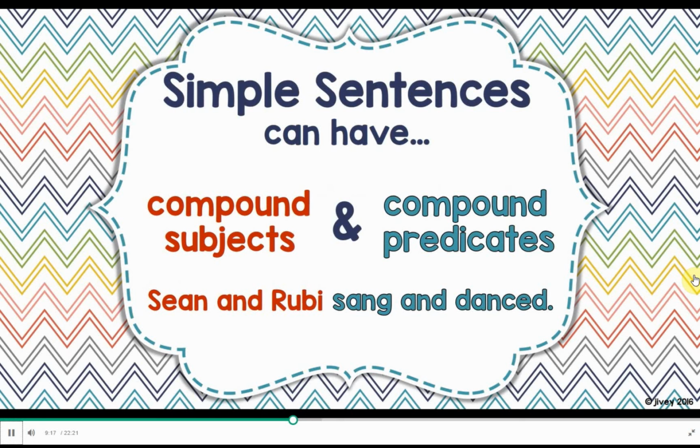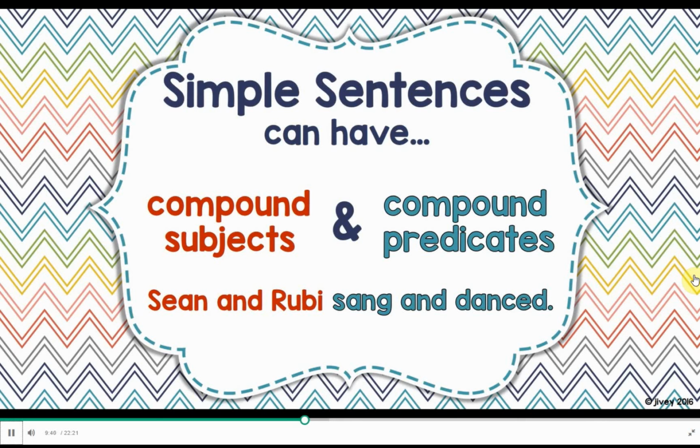Simple sentences can even have compound subjects and compound predicates. We could actually have 4 separate independent clauses with this one sentence that you see on the screen. We could say, Sean sang, Sean danced. Ruby sang, Ruby danced.